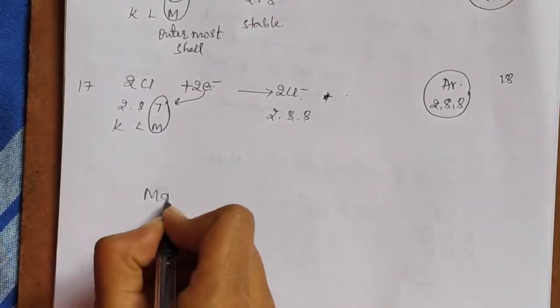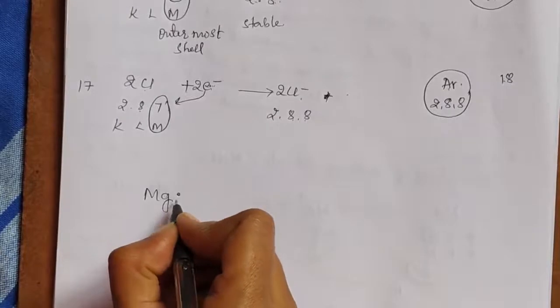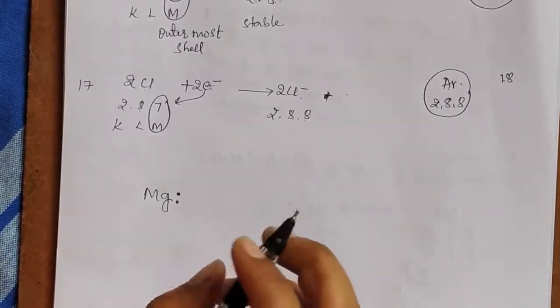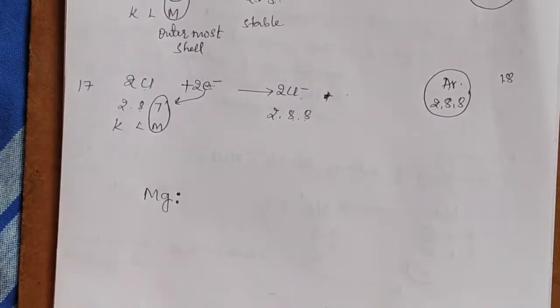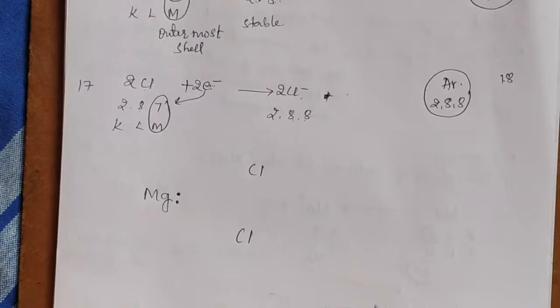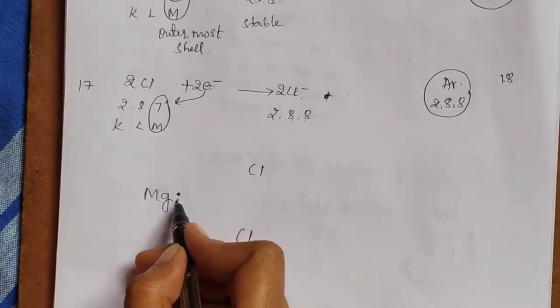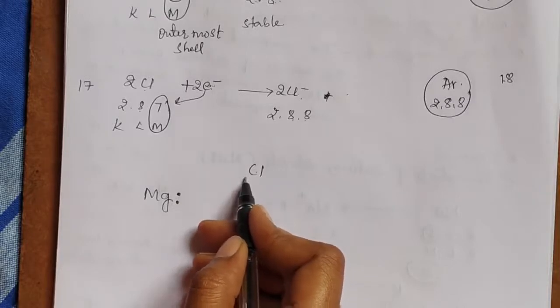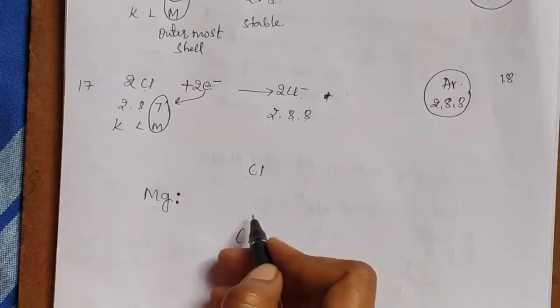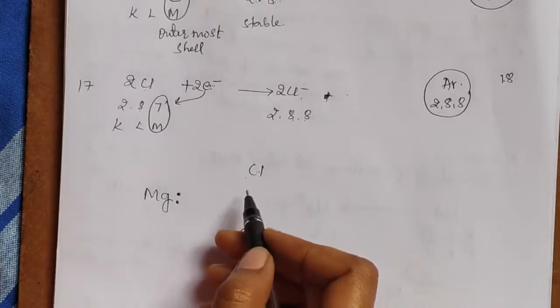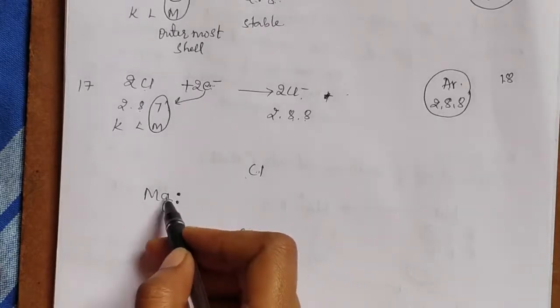See, magnesium has 2 electrons in its valence shell or outermost shell. Okay, we have to write 2 chlorine atoms, because here magnesium is losing 2 electrons, but 1 chlorine can gain 1 electron. Therefore, if we write 2 chlorine atoms, then each chlorine will gain 1 electron from magnesium.